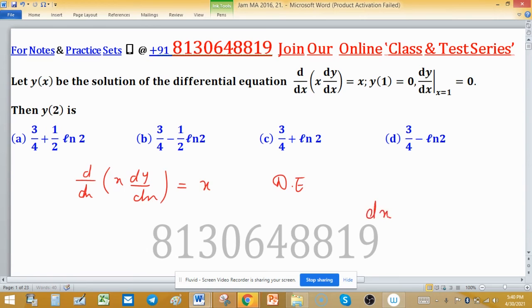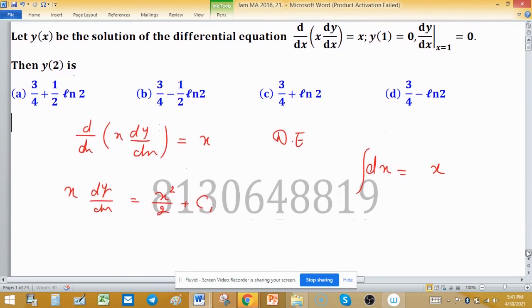When we take integration of this, the integration of x comes, so take integration on both sides, so it will be x dy over dx equal to x square upon 2 plus c1. This is the integration constant.